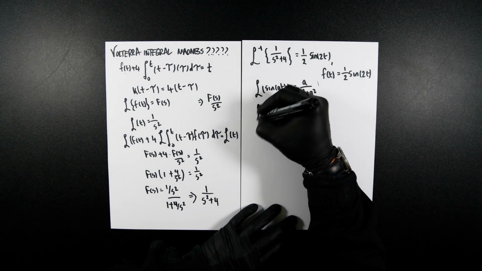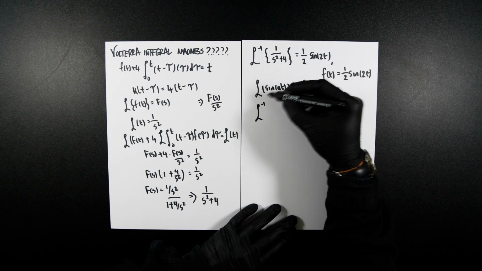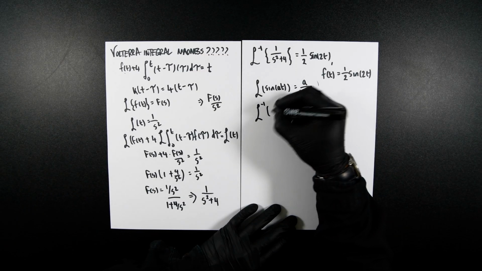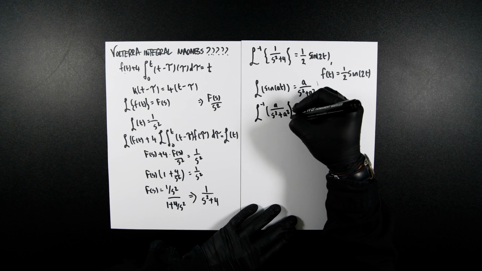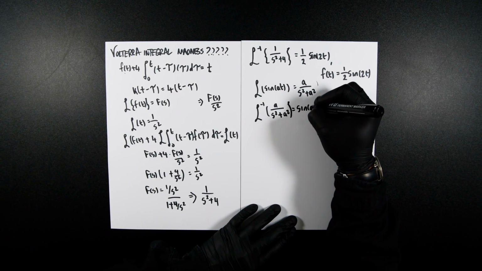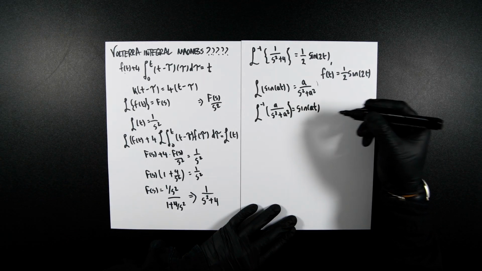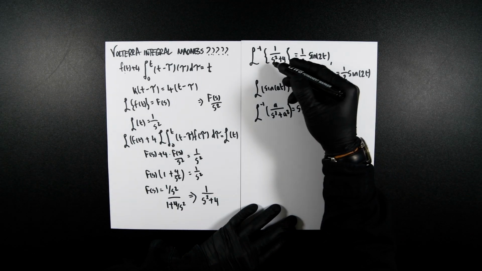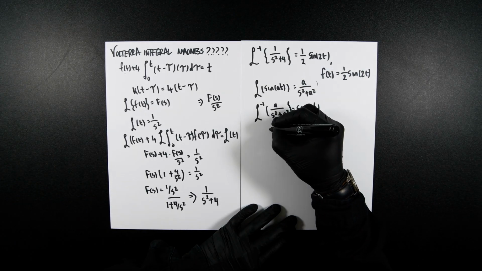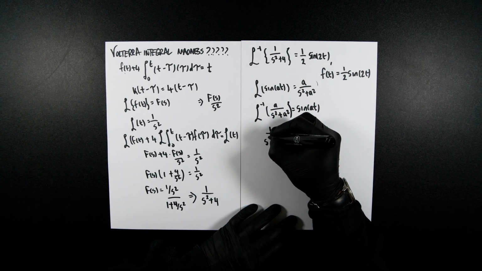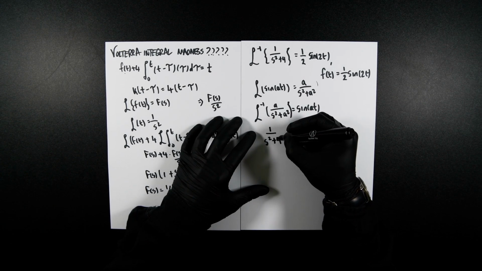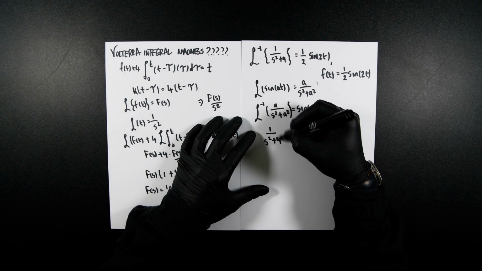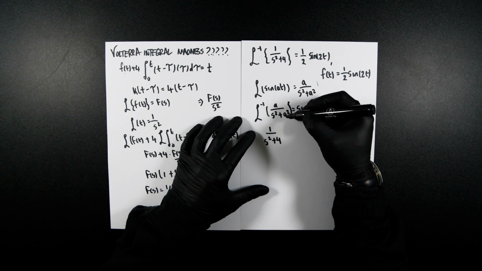But the inverse of Laplace is obviously you're Laplacing this, so that's going to be a over s squared plus a squared, which equals sine at. And we know we've got 1 over s squared plus 4. We now want that to look like this.